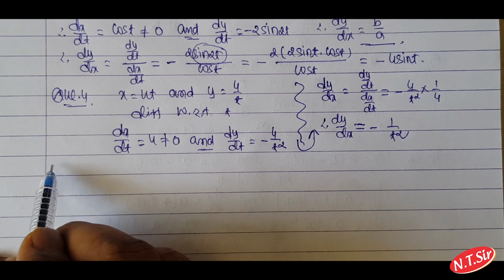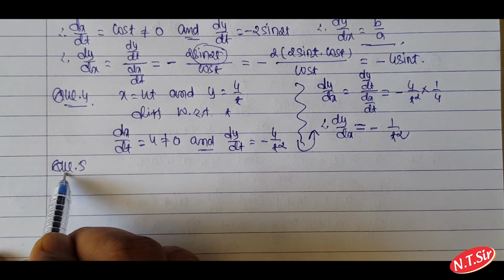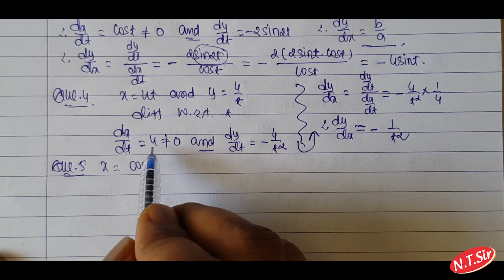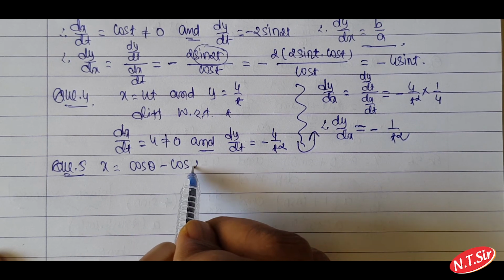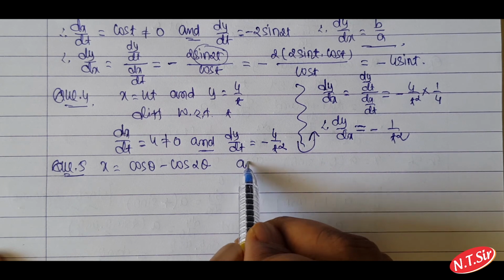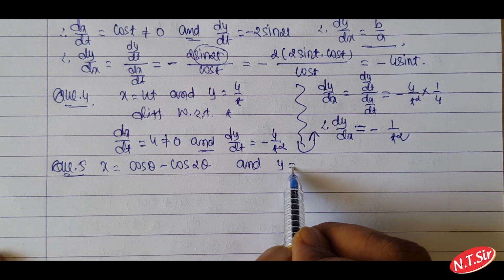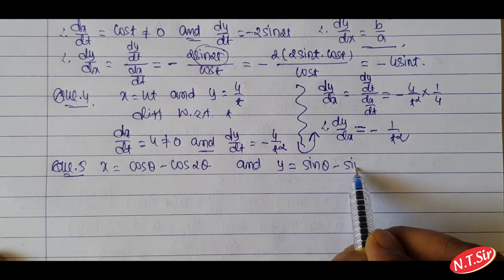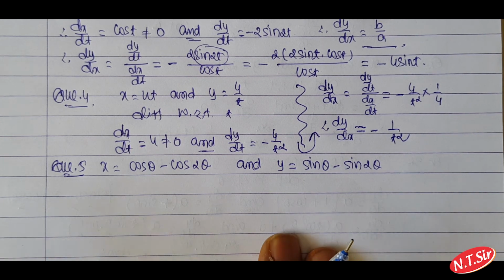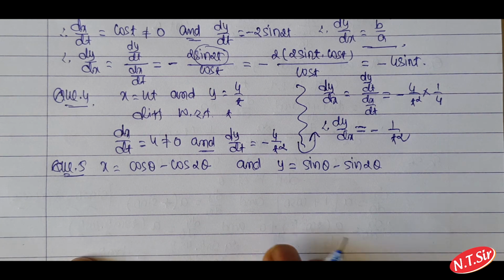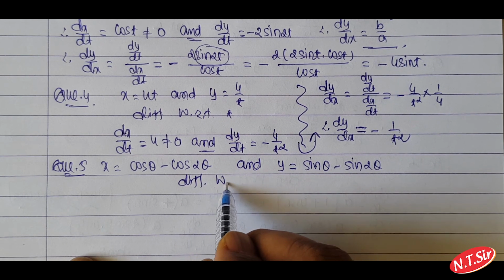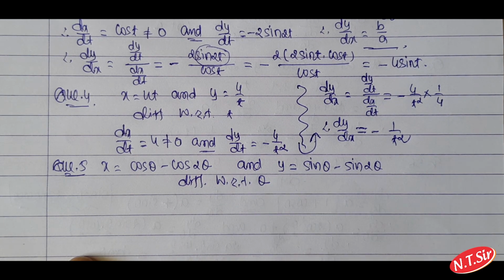So question number 5 is x is equal to cos theta minus cos 2 theta and y is equal to sin theta minus sin 2 theta. So these are given parametric equations. Both are in theta. So differentiating with respect to theta, right?